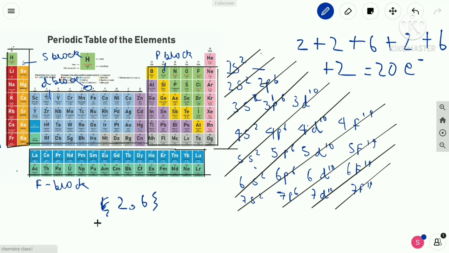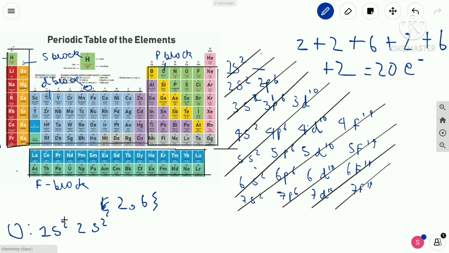In SPDF, what we do is we write it in this order. So first is 1s2. Then we have 2s2.